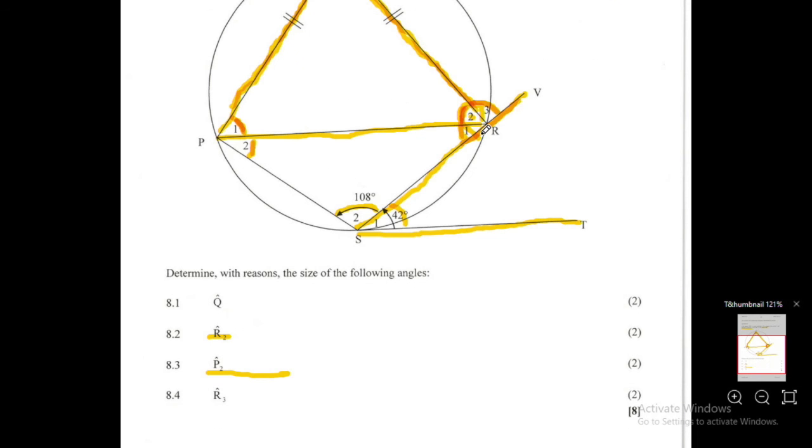So before we can solve R3, we need to get R1 first. So how are we going to get R1? We know this angle P2, we know this angle S2. Let's shift our focus to this triangle PRS.